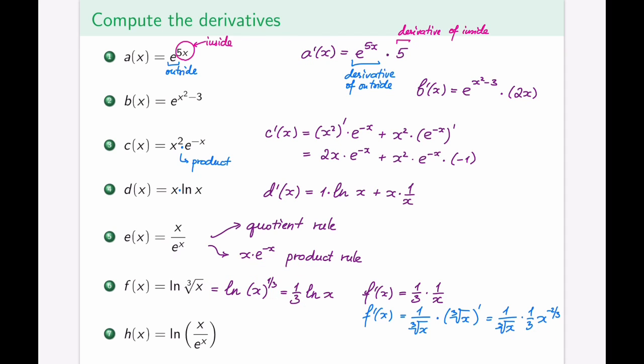So if possible, simplify first and then differentiate. And that is the same idea I leave you with for this last example here. Try to simplify this expression first and then apply the appropriate differentiation rules. So simplify, then differentiate, and then see what it is that you end up with.